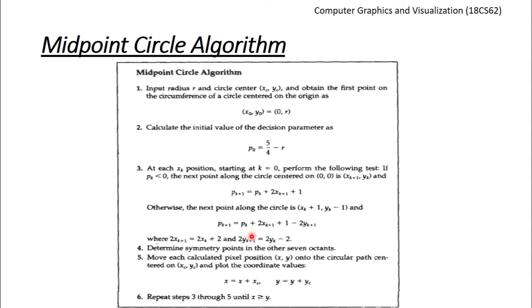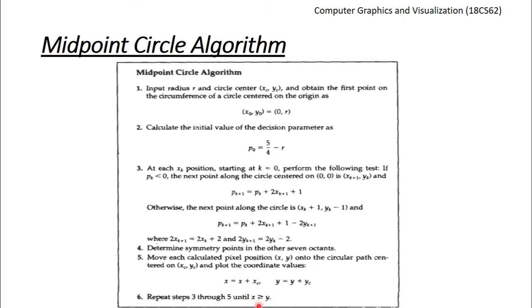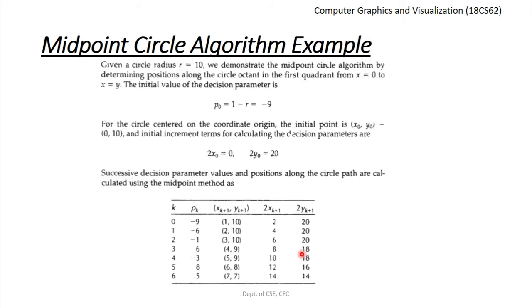That is going to give the value of P6 equal to 5, which is positive. So we increment the value of x by 1 and decrement the value of y by 1. That will give us 7, 7. What is the condition here? x is equal to y. We have reached this condition, so we stop computing the next point.